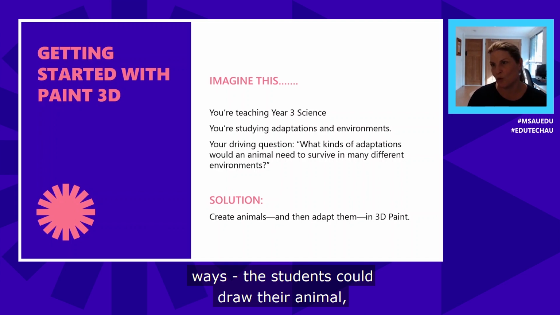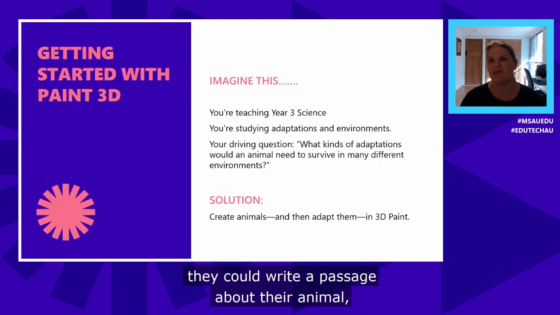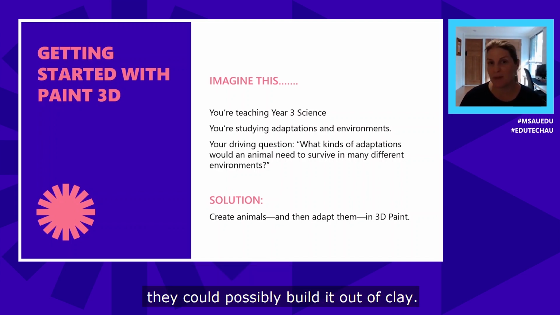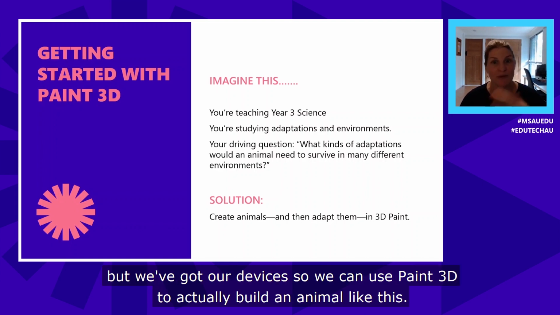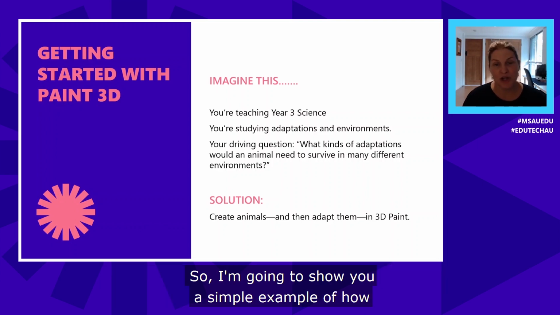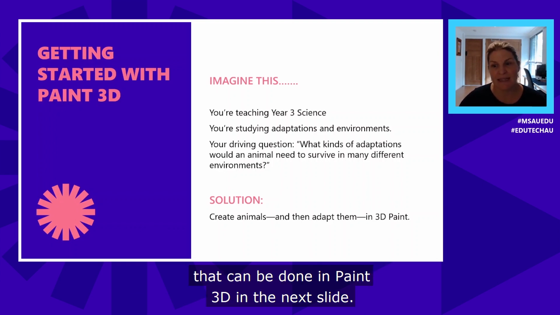The students could draw their animal, they could write a passage about their animal, they could possibly build it out of clay, but we might not have clay and time and resources like that at hand. But we've got our devices, so we can use Paint 3D to build an animal like this. I'm going to show you a simple example of how that can be done in Paint 3D in the next slide.